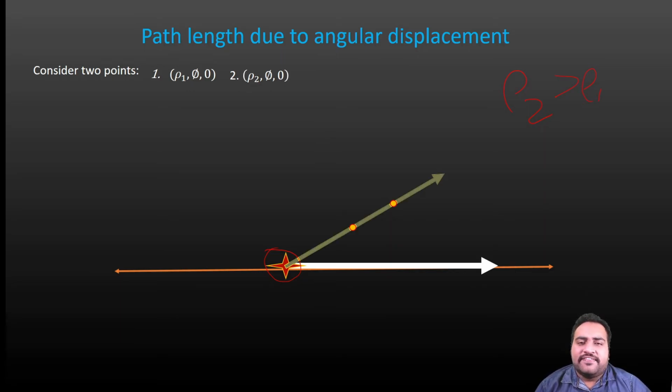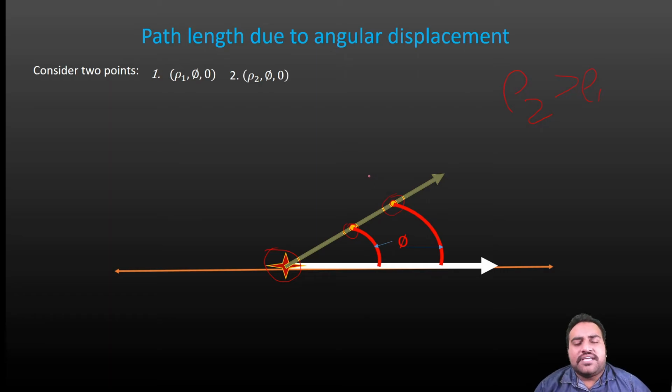They are on the same line, thereby giving the same angle phi. See, the angle phi is the angle between the reference axis and the positional vector. They are the same for both the points, but the distance from the reference point to the given point is different. Rho 1 in this case and rho 2 in this case.